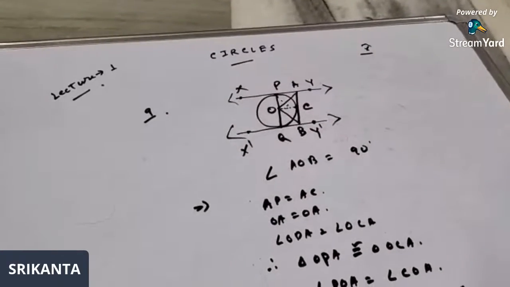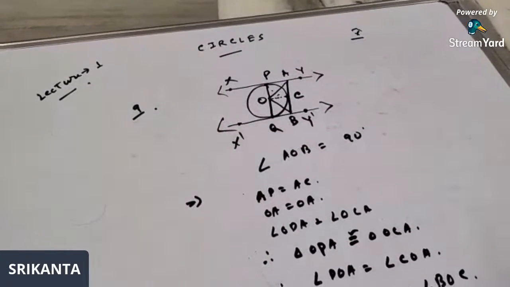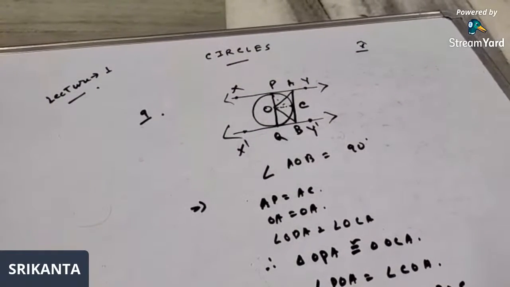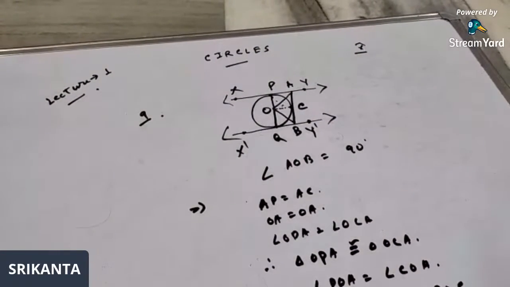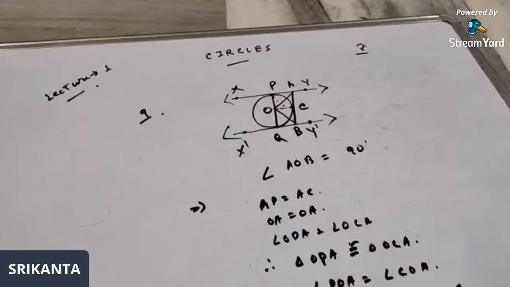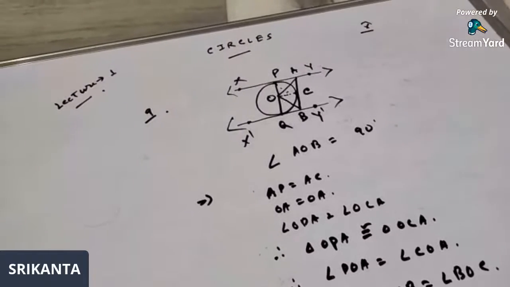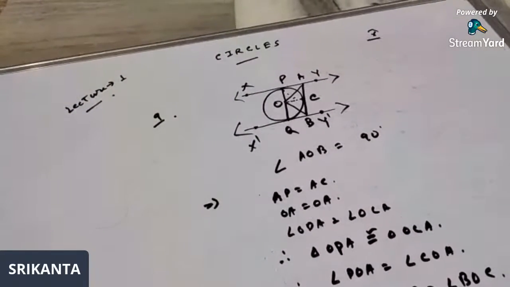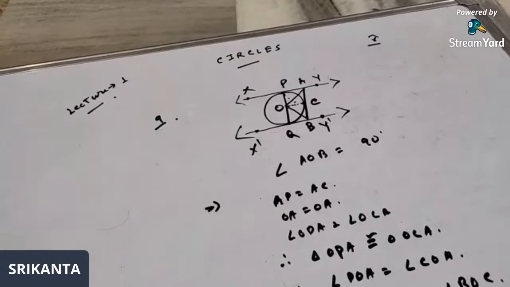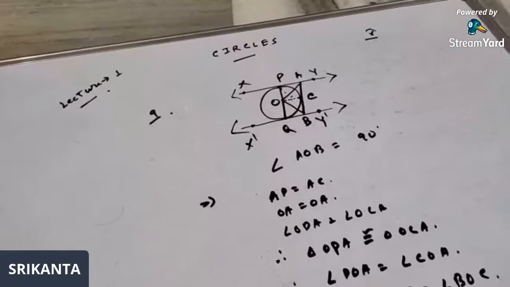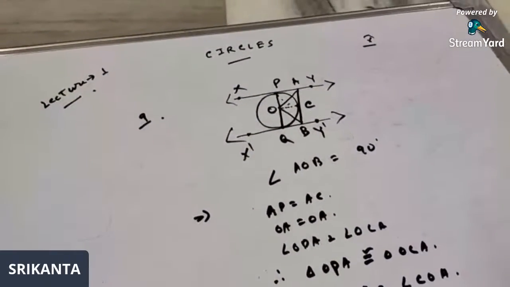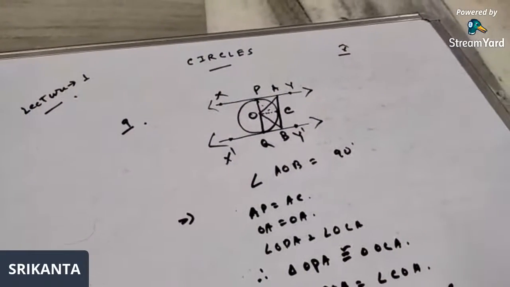And angle OCA is equal to angle OCB. So two parts proven. AC cannot be equal to CB, right? But can they be congruent?